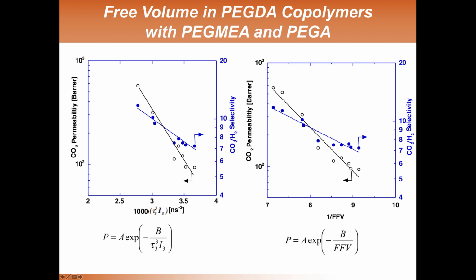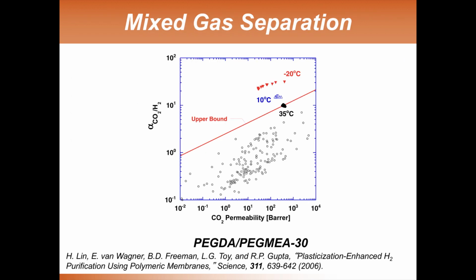We'll talk more about that later. And this is free volume determined on a density basis, and this is a measure of free volume from positron annihilation lifetime spectroscopy, which we're going to talk about later. But you see very good correlations between the permeability and the amount of open space in the material.